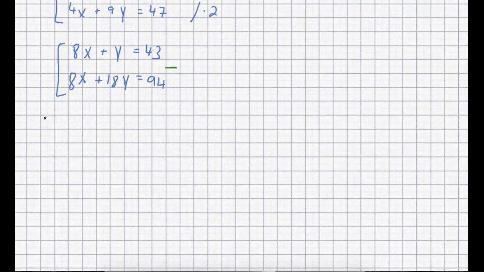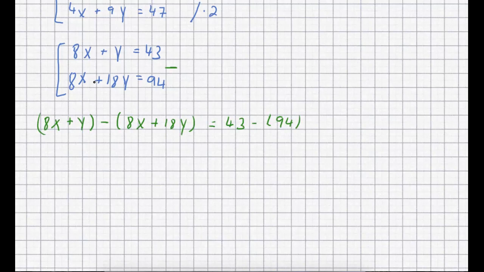It means that we take the first equation, 8x plus y, minus 8x plus 18y. We do this minus this. And the other side, we do 43 minus 94. This is actually what you do. No one teaches that because I don't know why.